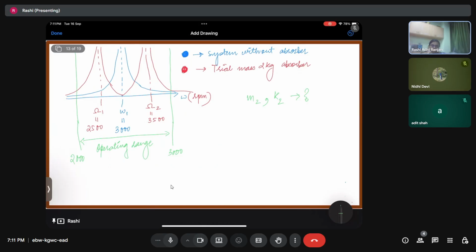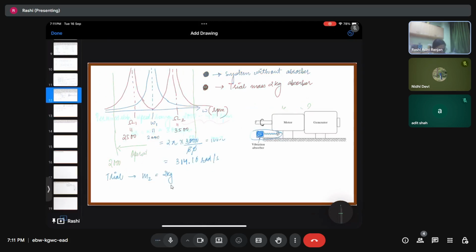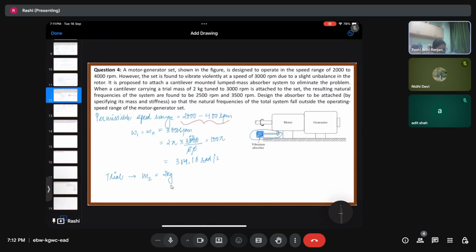Now, we already have the values of capital omega 1 and capital omega 2, correct? We have the mass as 2 kg. What we do not have is the spring stiffness. Second, we also do not have the mass of my system. For the system, I have only the rotation's natural frequency value.